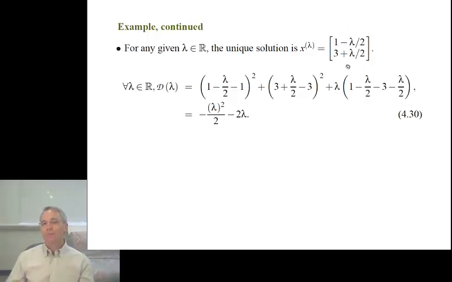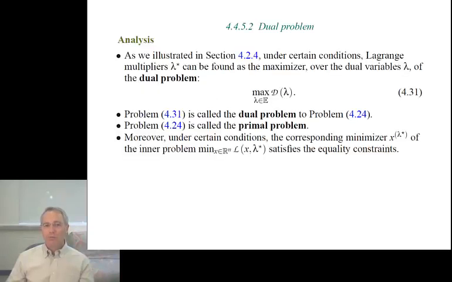Plugging those values back into the Lagrangian, I get the value of the dual function, and it's equal to minus lambda squared on 2 minus 2 lambda. So that's the dual function. In the dual problem, I want to maximize it, so I'm going to maximize over lambdas in the effective domain.